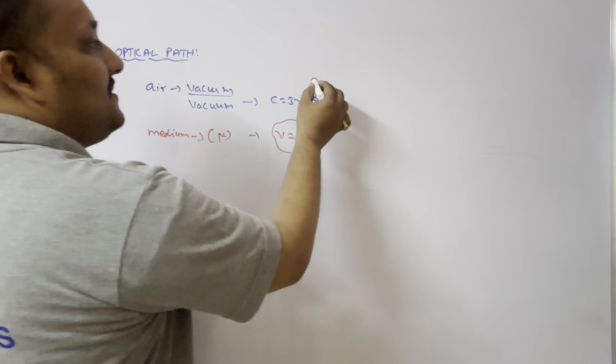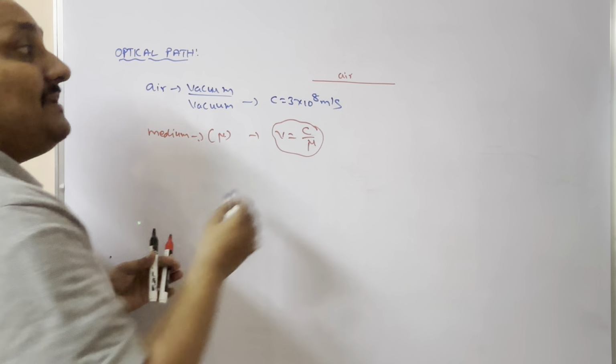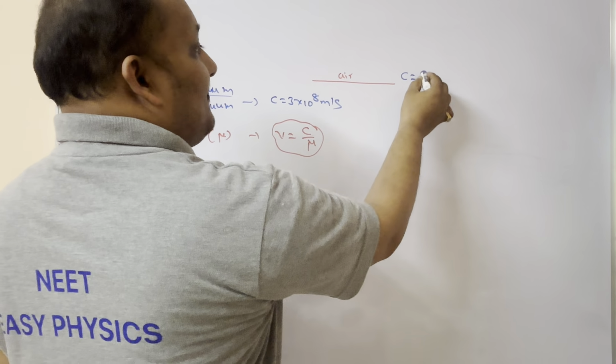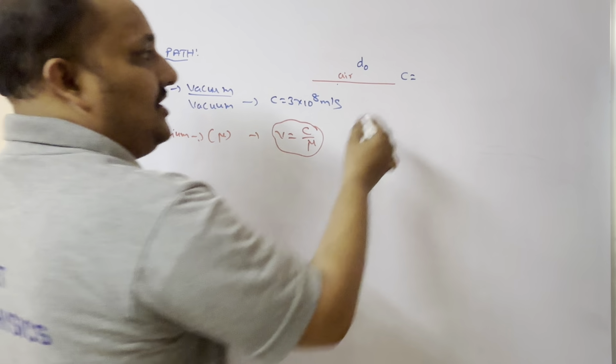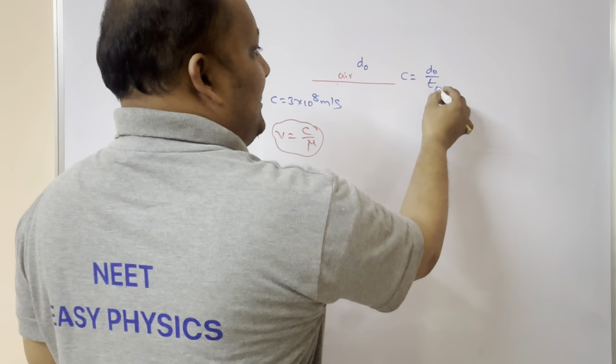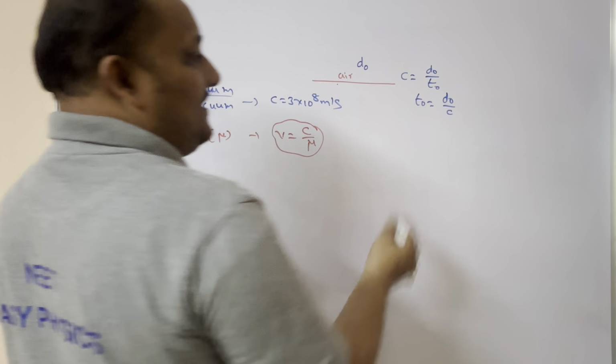So to cover some amount of distance in air or vacuum, how much time it is taking? Velocity of light equals distance in air d naught by t naught. So t naught is nothing but d naught by c.